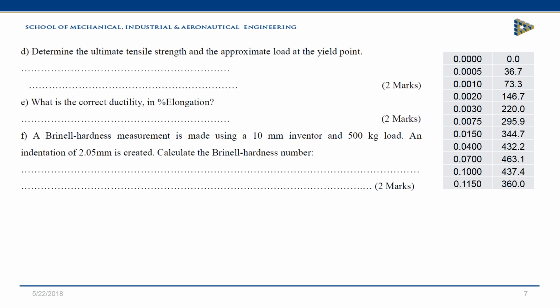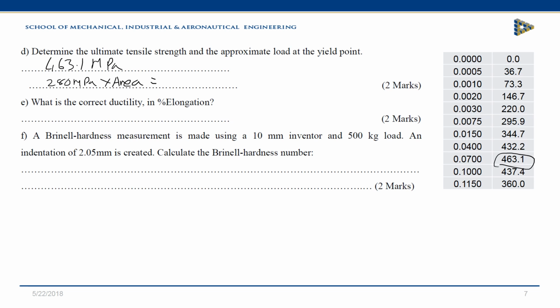Part D says determine the ultimate tensile strength and the approximate load at yield point. So we already said that our yield point, well, okay, let's do the ultimate tensile strength. That's easy. We know that this is the maximum strength, so it has to be 463.1 MPa. We calculated that previously. Not difficult. The load at yield point would be 280 MPa times my area.